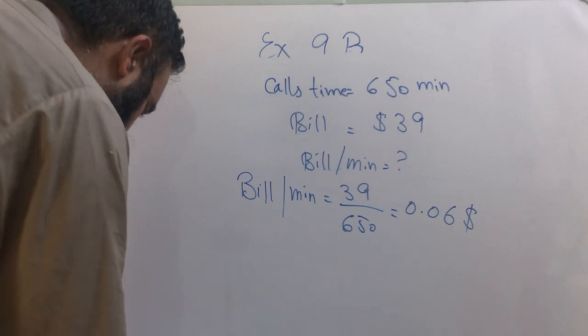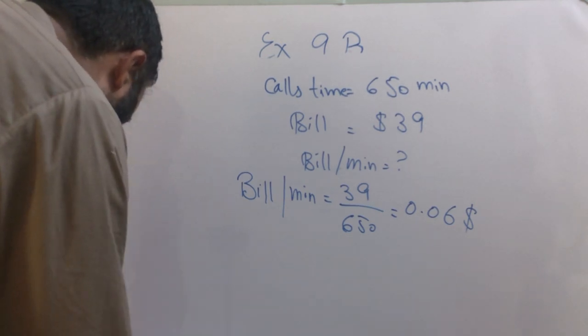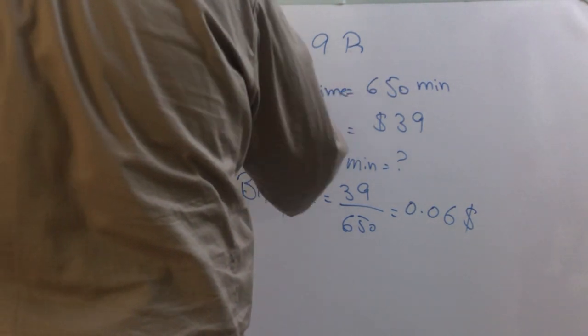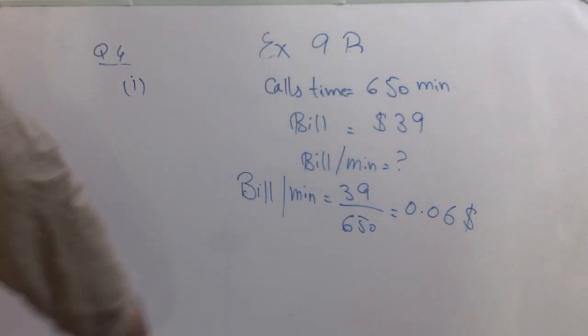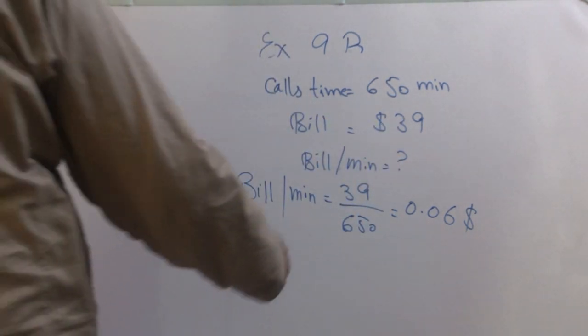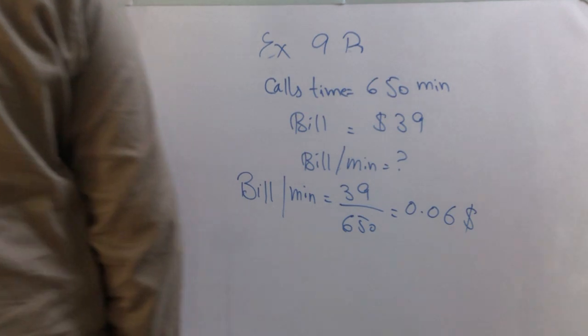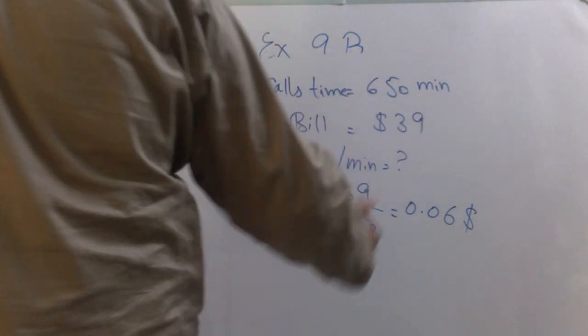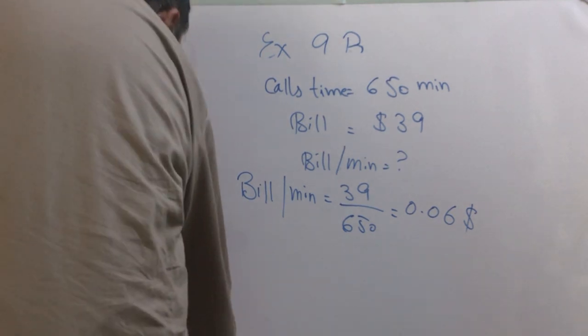So this was a very simple question. Time is given, calls time is 650 minutes, bill $39. We don't know how much the bill per minute is, so we just divide the bill by the minutes, and we get the answer.